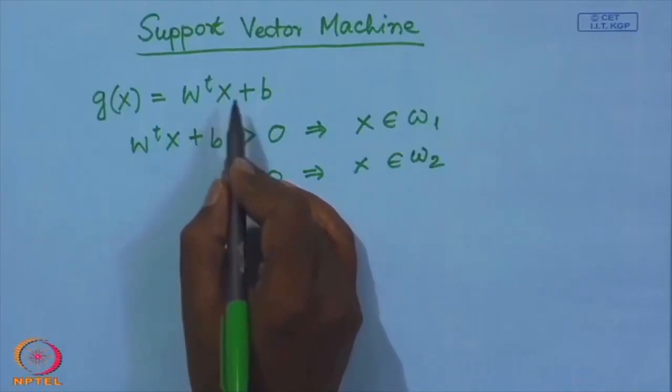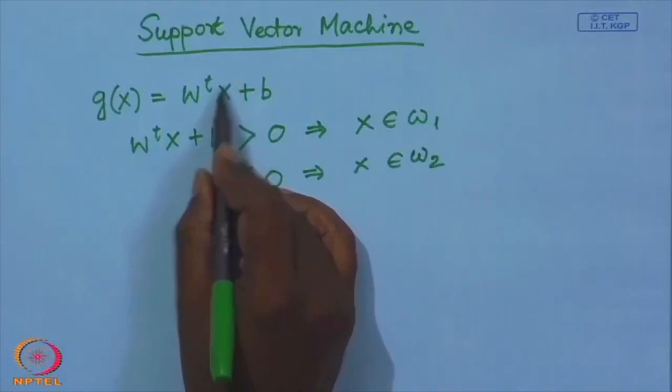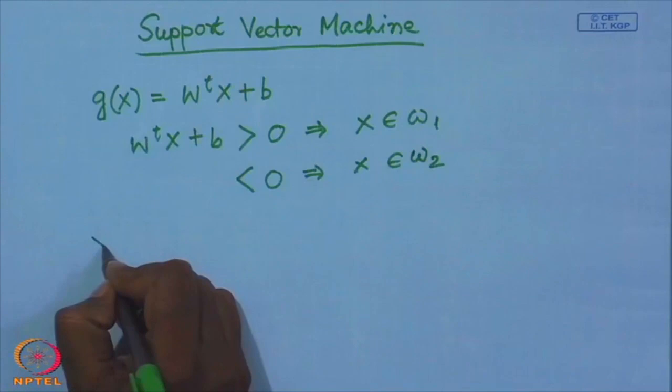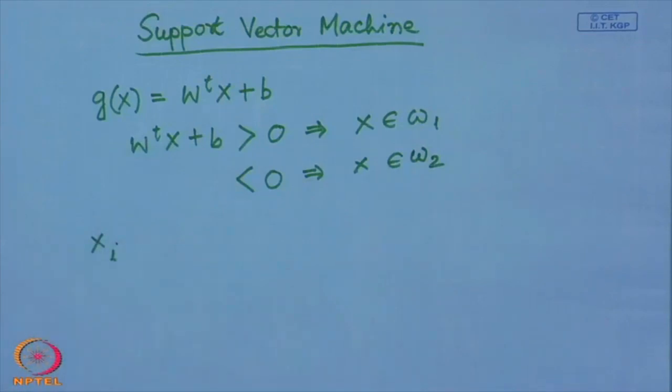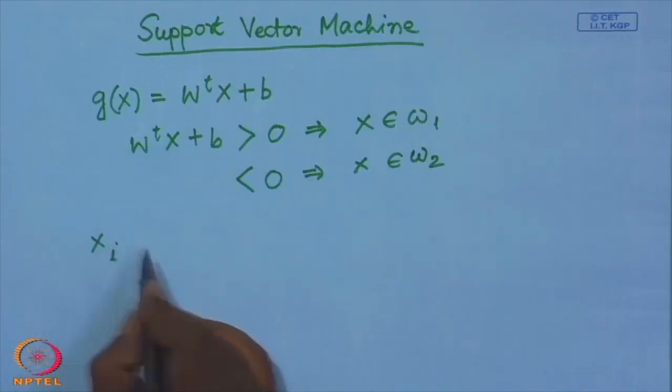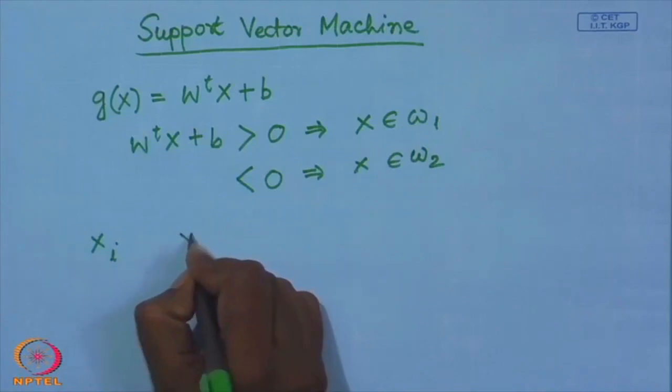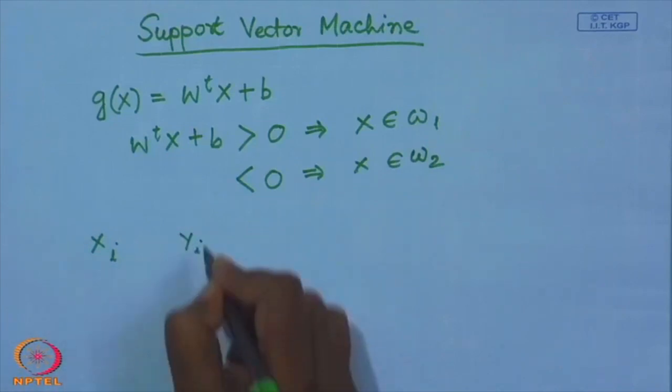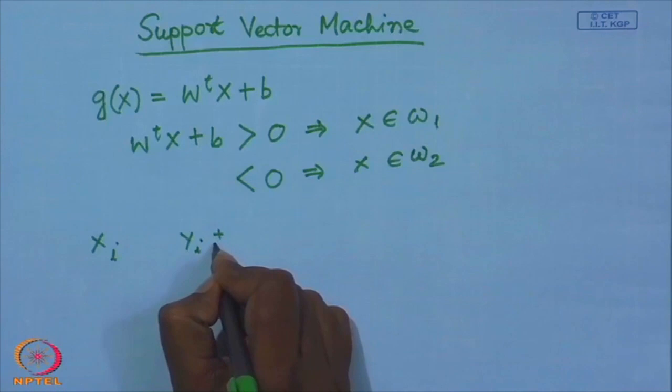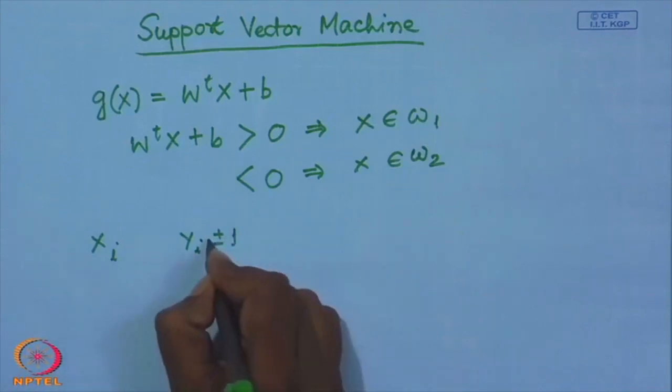Right. So, over here with every x i, I indicate a number, say y i, where y i can be either plus 1 or minus 1.